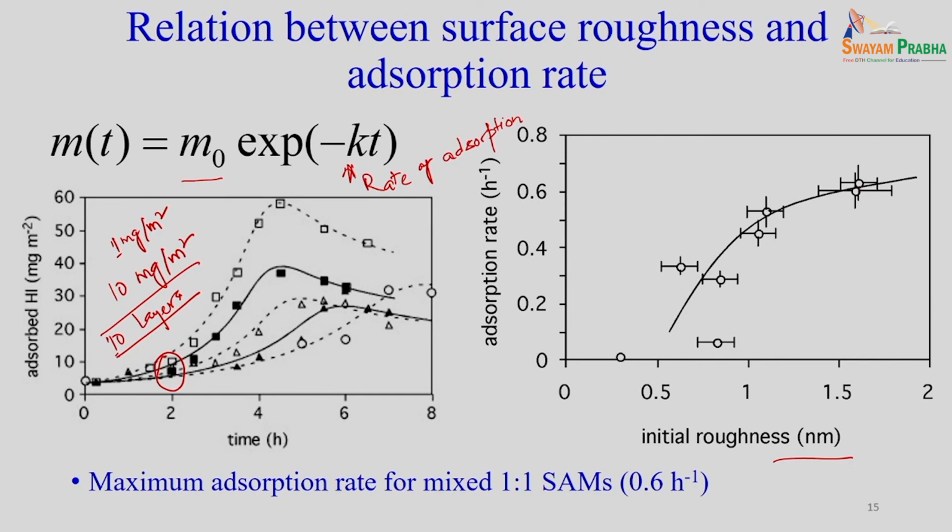So, because of the increase in the adsorption rate, the adsorbed amount was maximum where the rate of adsorption was maximum. So, it says that initial surface roughness is affecting the adsorption rate, which is reflected in terms of a higher amount of adsorbed protein, and a higher amount of adsorbed protein means shorter lag time, or you can say the quick start of the aggregation process.